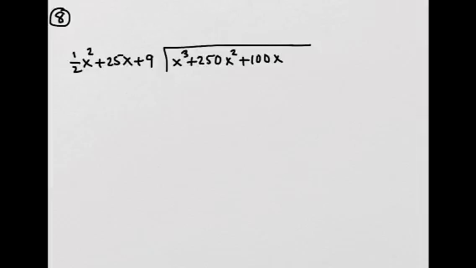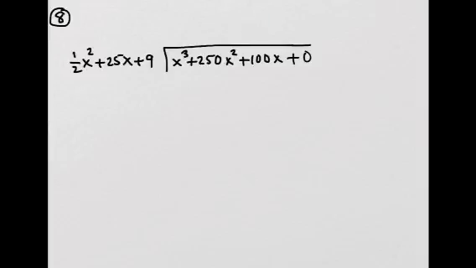Alright, so for number 8, I almost forgot, sorry. Forgot the 0 at the end. Because there is no constant, so we put that as a placeholder. And so now you're going to ask yourself, what do you have to multiply 1/2 x squared by in order to get x cubed? Well, in order to get 1x cubed, I've got to multiply by 2x.